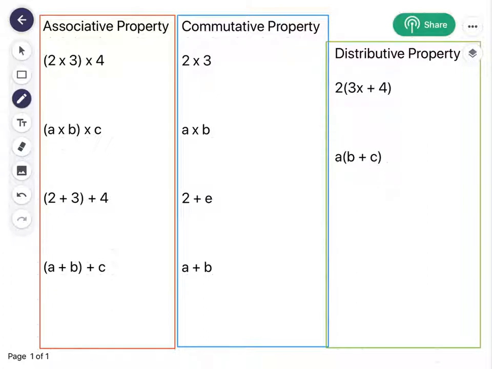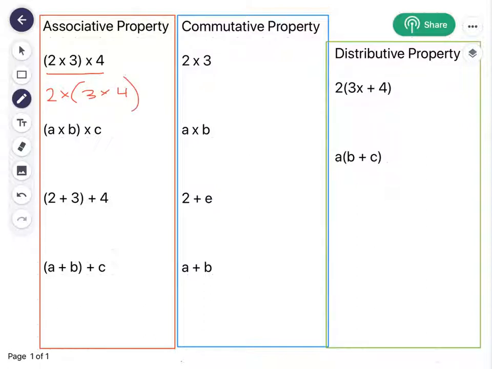What the associative property means is that if you see a problem written like this, and there are parentheses around 2 of the options, it means that you can rewrite it and still get the same answer if it helps you solve it. So the associative property says that in parentheses 2 times 3 and then times 4 is the same as 2 times (3 times 4).